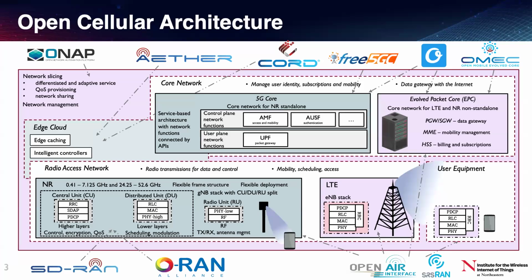And then we have other applications for the core network, for the edge cloud, or the EPC or 5G core. This is just to show you some of the software that is available right now and that needs to coordinate with one another to have a functional cellular network working in the ecosystem.